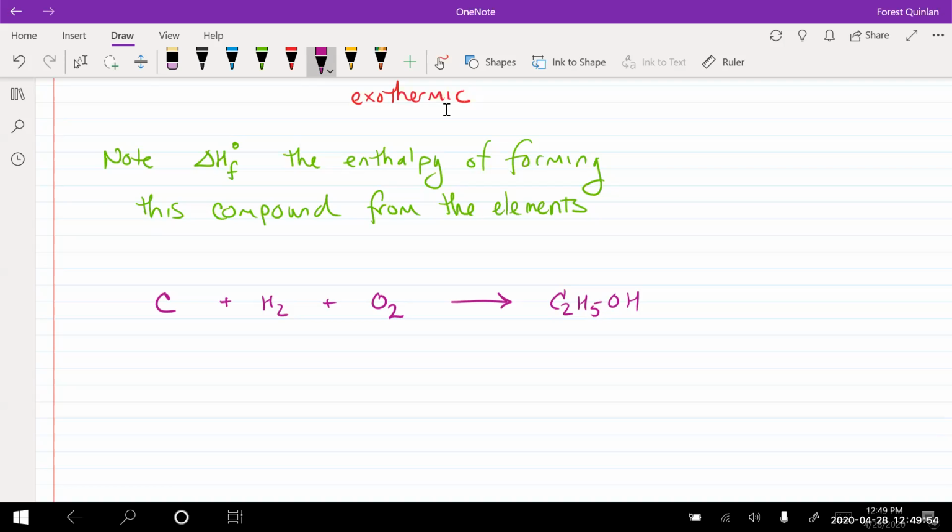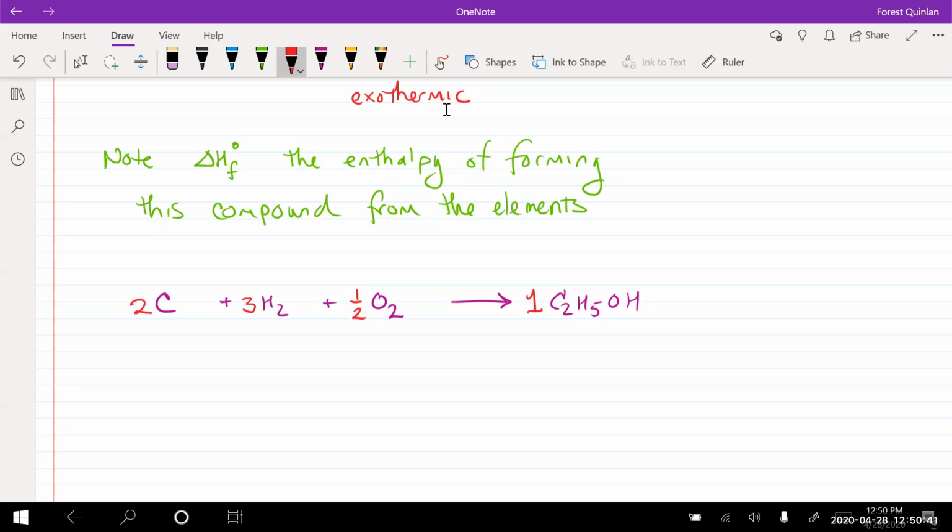I know it's kind of a little weird, but this is how this stuff is defined. If you take things from their elemental state, how much energy will you get out or need to do it? Now, again, here we see that we would have 2 carbons, 3 hydrogens, and our mystical magical 1/2 oxygen in order to make that 1 ethanol. So by defining these delta H naughts of formation, we're able to take compounds and build them from their elements, whether we're making water or carbon dioxide or ethanol.